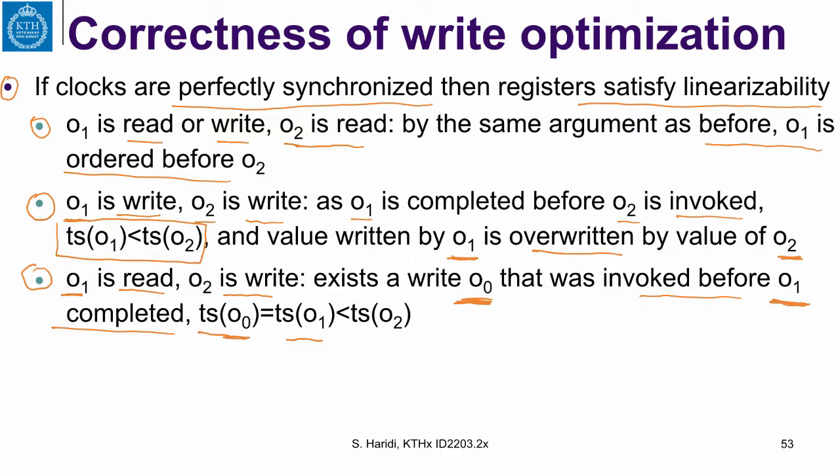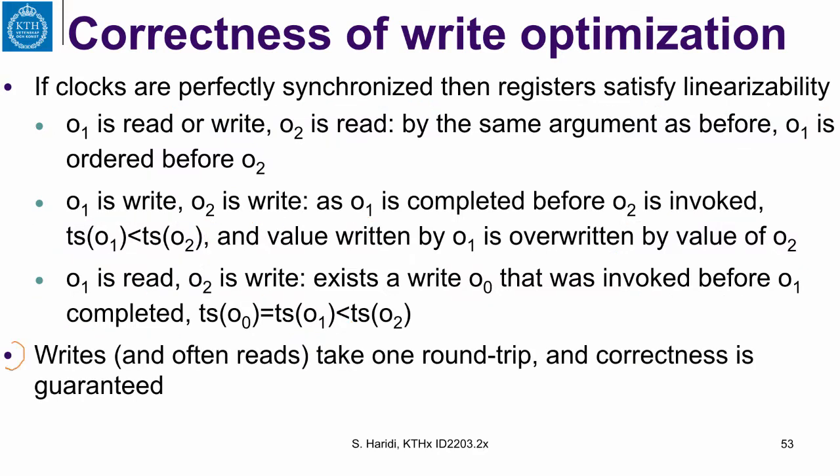And of course, because the timestamp of O0 is less than the timestamp of O2, therefore the timestamp of O1 is less than the timestamp of O2. So here, if we have perfectly synchronized clocks, we can order all operations and satisfy the linearizability condition.